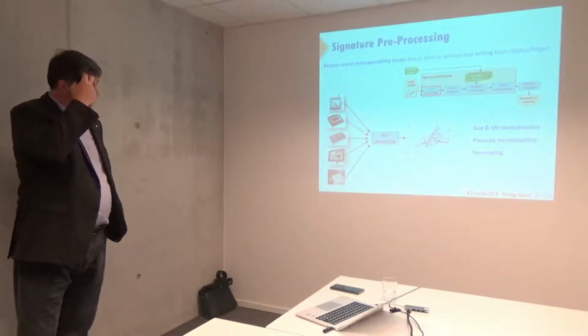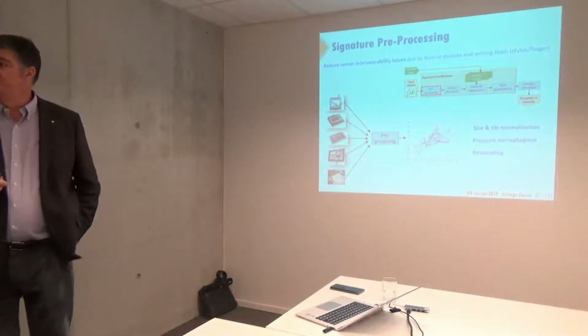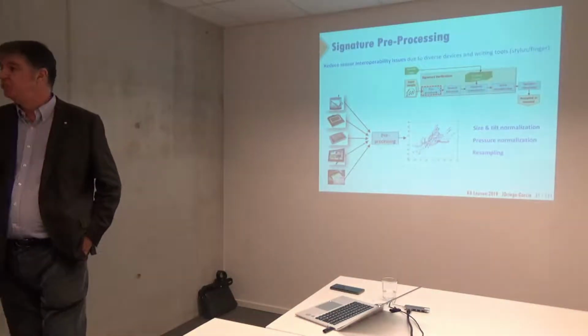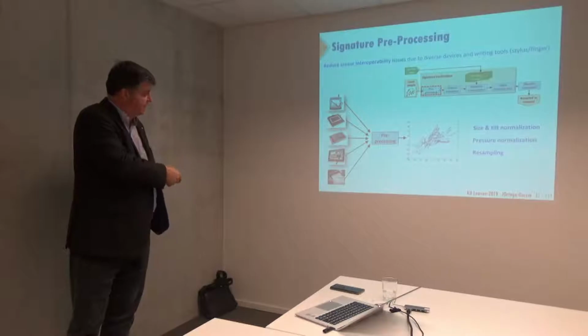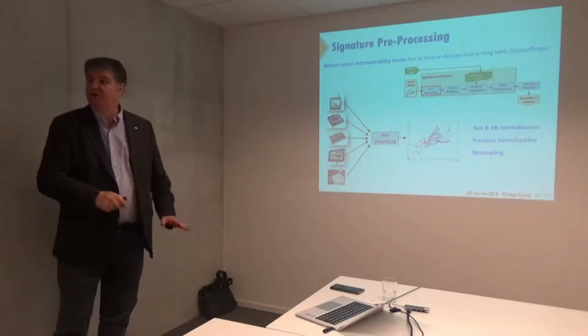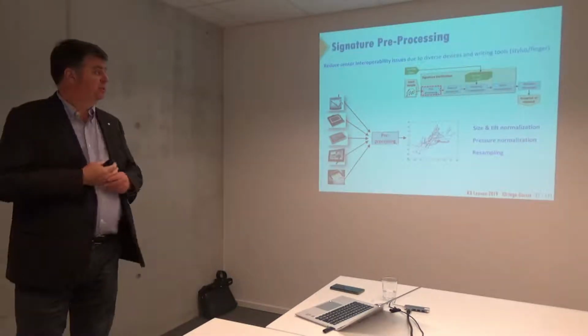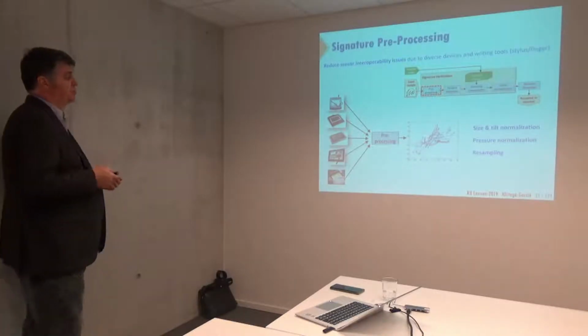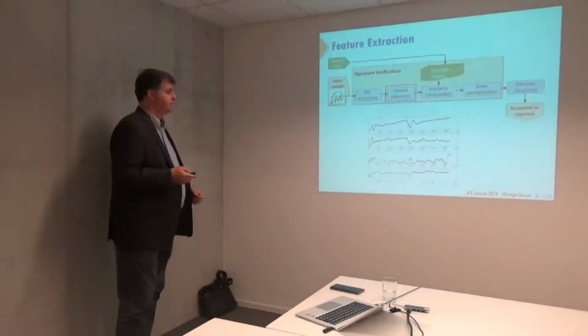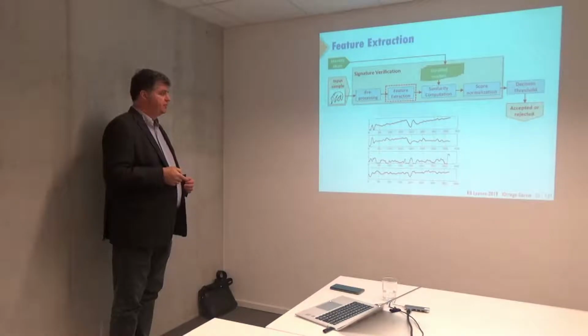We do a kind of plug and play universal pre-processing stage in which, whatever the device is, what you have here is always coded in the same manner. So this is usually what we do in pre-processing. Feature extraction.